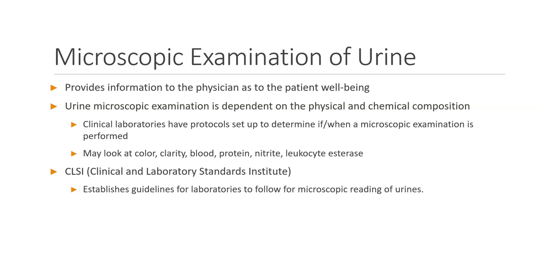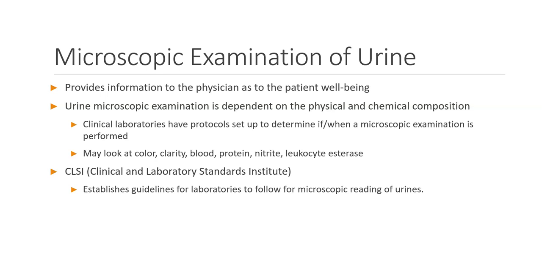The Clinical Laboratory Standards Institute, CLSI, is a nonprofit global organization that develops and publishes standards and guidelines for the healthcare and medical testing community. By CLSI guidelines, a urine microscopic is warranted if the doctor specifically requests it, if the urine has abnormal physical characteristics, or specific chemistry that is positive.